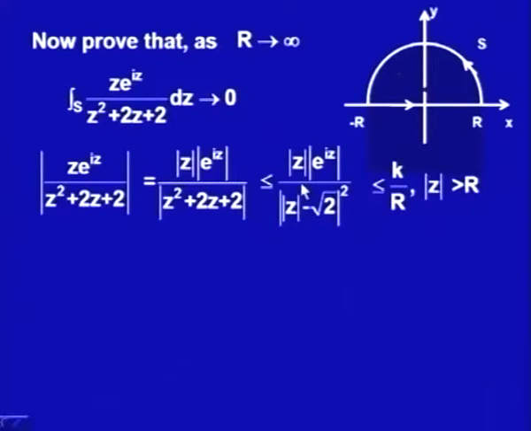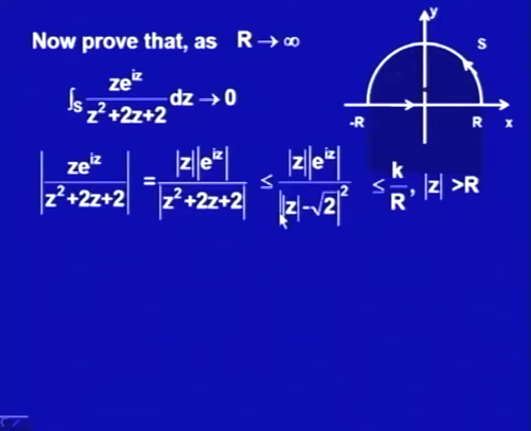Taking mod z common, we get mod z squared outside and then 1 minus root 2 upon mod z. When mod z is greater than r, root 2 upon mod z is less than 1, so 1 minus this is a fixed smaller constant. Mod z gets cancelled out, leaving only mod z in the denominator.